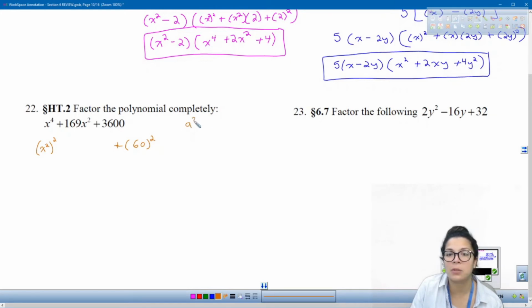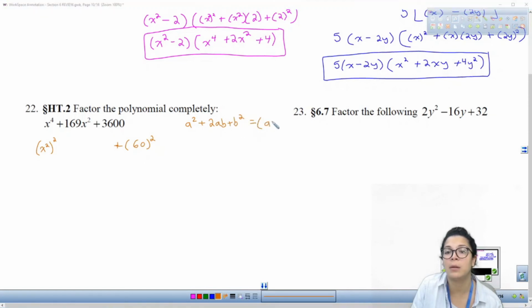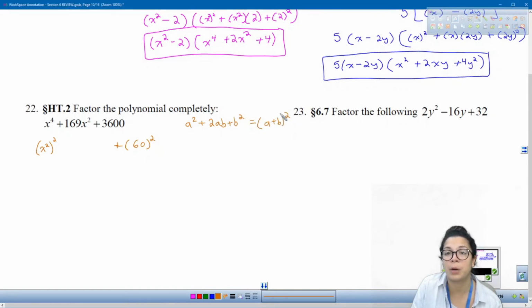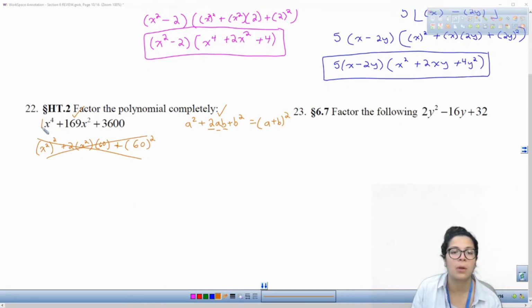Remember, a squared plus 2ab plus b squared is the perfect square trinomial. So I need to have 2 times a times b give me this middle value. So is 2 times x squared times 60 169? No. What do I do now? Well, the coefficient is 1.